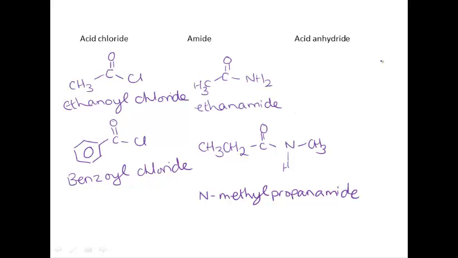Okay, for acid anhydrides there is actually only one that you'll have to come across, and that's a symmetrical anhydride, and it's one that has 2 carbons on either side.